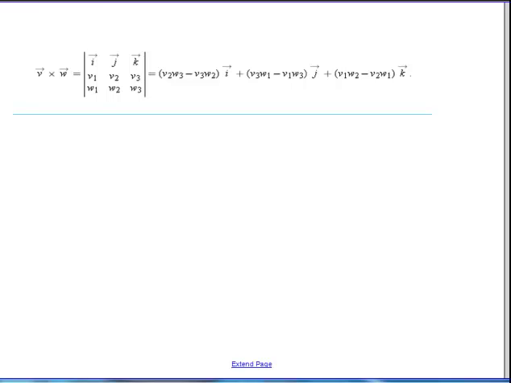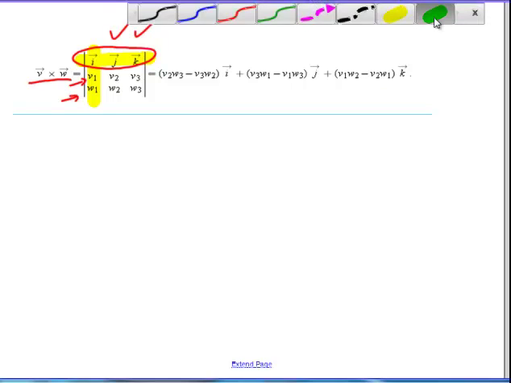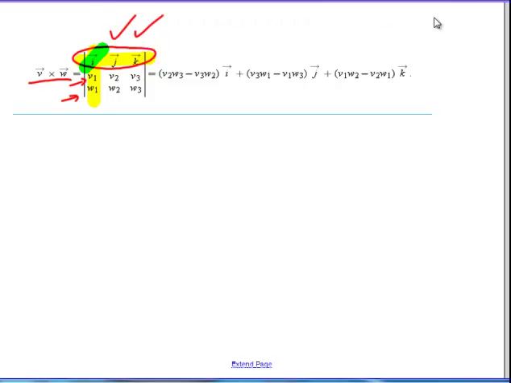So here it is written again, that we've got V cross W. We write our chart, which is the i, j, and k, coefficients of V, coefficients of W, and then we just do, like we did before. In this case, we're looking at what goes into the i column. So we get v2 w3 minus w2 v3.